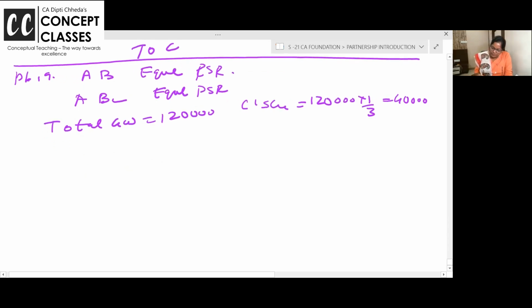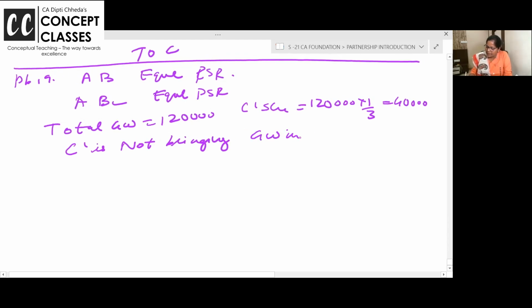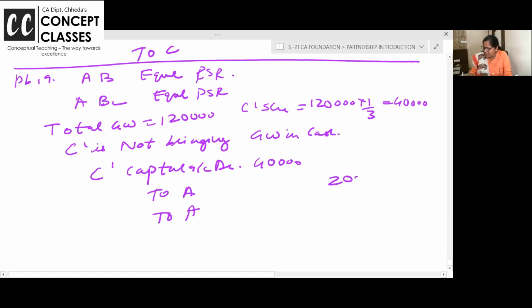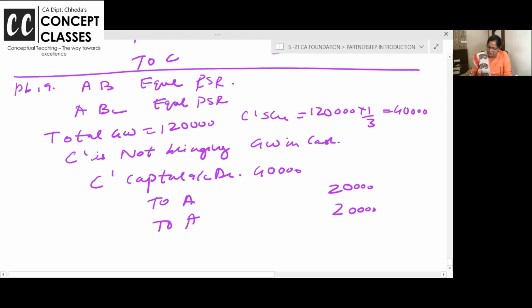Next, C is not bringing goodwill in cash. So you have to raise the goodwill in old ratio and write off in new ratio. In short, C's capital account debit, instead of cash account, वो जो third combined entry बताया था ना. C's capital account debit, and give it to A and to B in sacrificing ratio, 20,000 and 20,000.